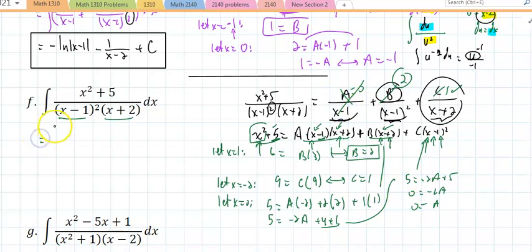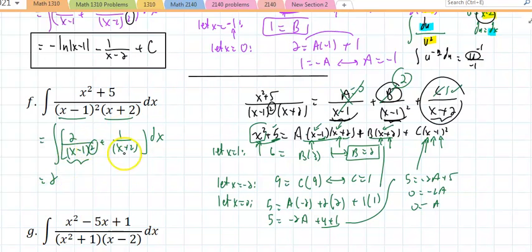That means this is actually the integral of 2 divided by (x minus 1) squared plus 1 over (x plus 2) dx. And this problem we just did in the previous, if you have it to the negative 1, that's like adding 1 to the power dividing by that, you end up with 1 over x minus 1, negative.